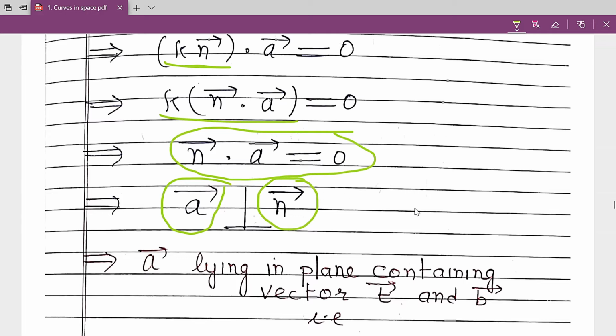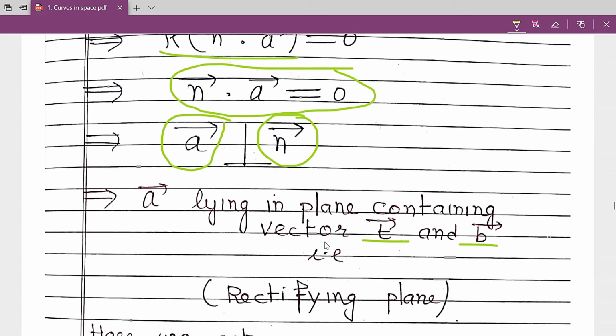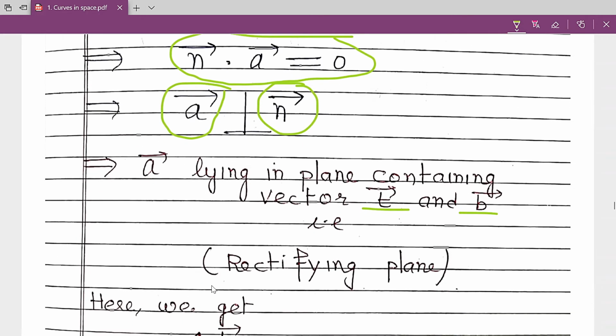Now the A vector lies in the plane containing vectors T and B, and it is also perpendicular to N. So the A vector is in the rectifying plane, the plane containing T and B and perpendicular to N.